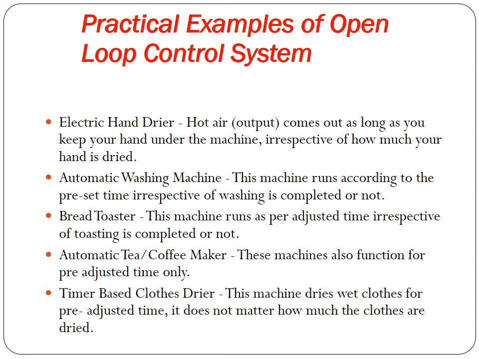Another example is an automatic washing machine, and this machine runs according to the preset time irrespective of washing is completed or not. We also have the bread toaster. This machine runs as per adjusted time irrespective of toasting is completed or not. The other examples are the automatic tea or coffee maker, and another one is timer based clothes dryer.